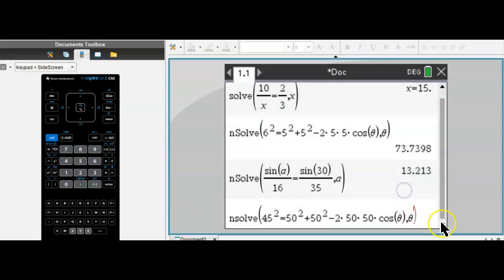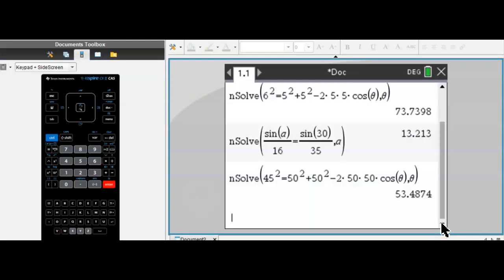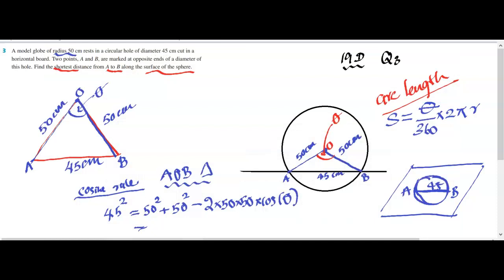Press Control Enter, and you will get 53.48, which I'll round to 53.49 degrees. So now you found theta.